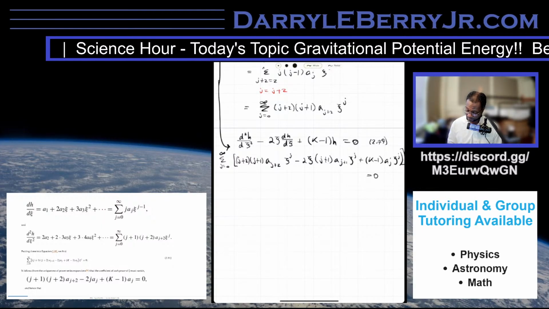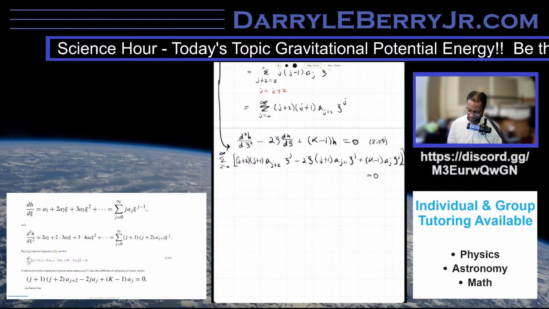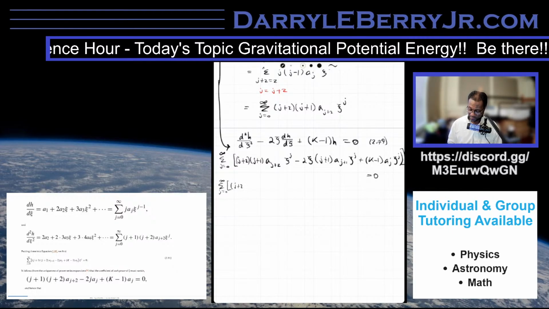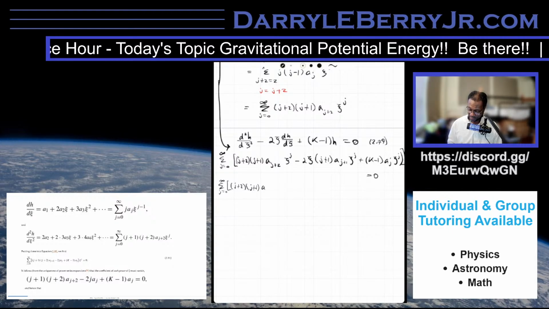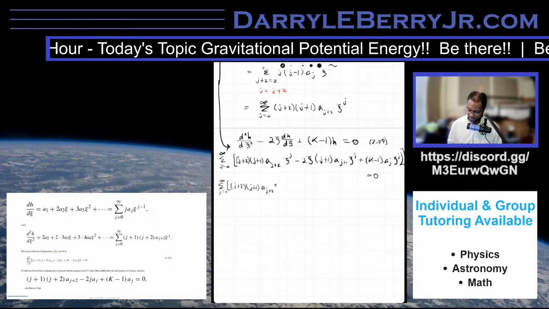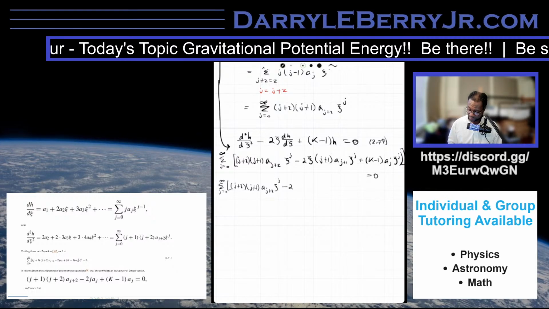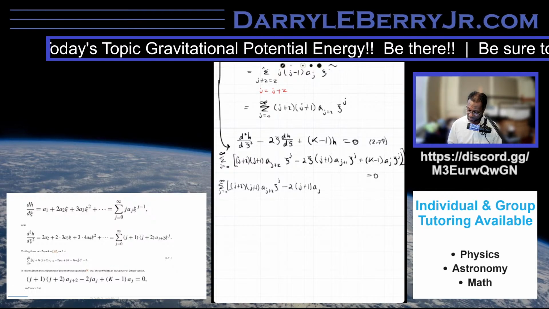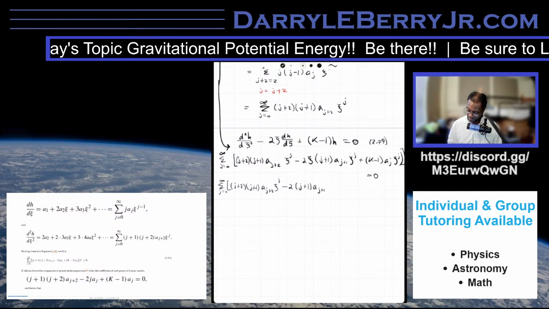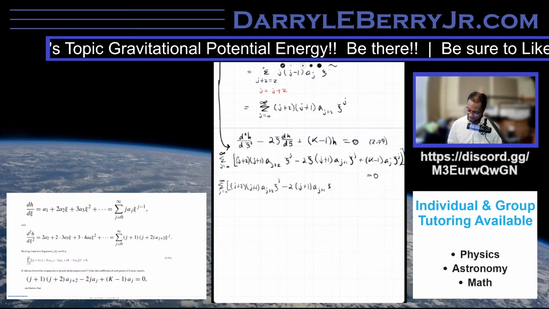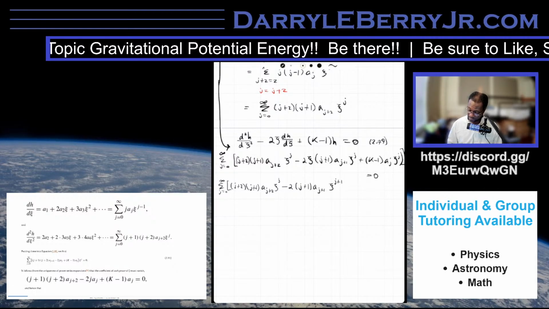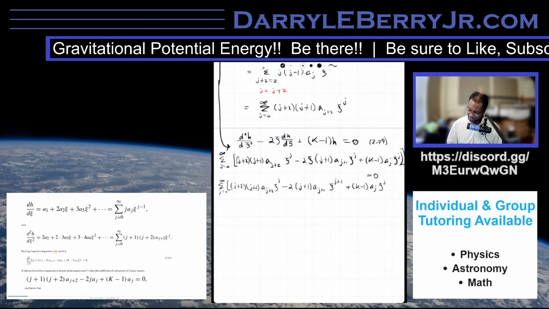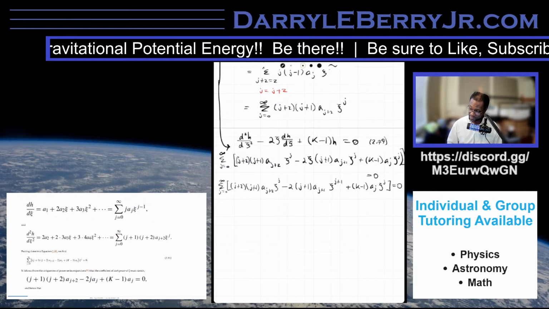So this actually becomes the sum j equals 0 to infinity of j plus 2, j plus 1, a j plus 2, z to the j, minus 2, j plus 1, a j plus 1, and this becomes the j plus 1 plus a minus 1, a j, z to the j, equals 0.